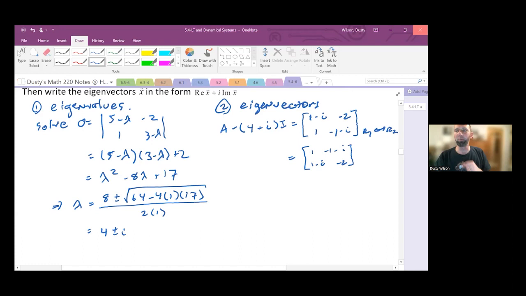And we can play an interesting little game here. Let me show you the shortcut. We know that the eigenvalue is going to create a determinant of 0, which means there's going to be only one pivot. And we can see the one pivot that we have here, so unless we made a mistake, which in this case we haven't, we know that the second row must be a linear combination of the first row.